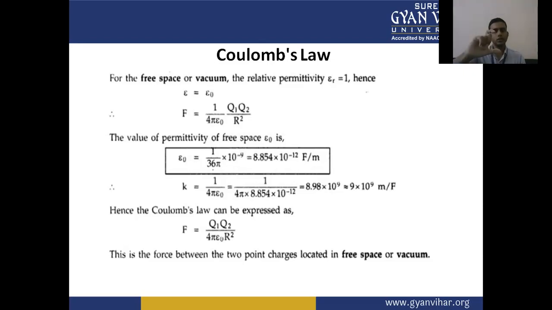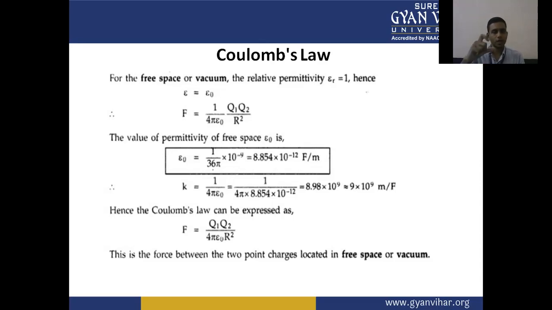So this is the new formula for free space for the force in Coulomb's law. That's why K equals 1 upon 4 pi epsilon naught, which becomes 8.98 into 10 to the power 9, approximately 9 into 10 to the power 9 meter per farad, the value of K.